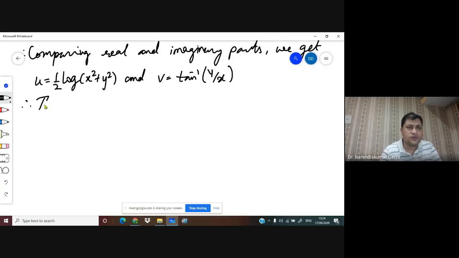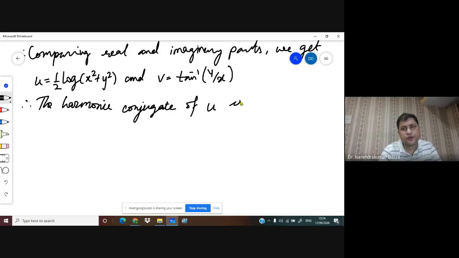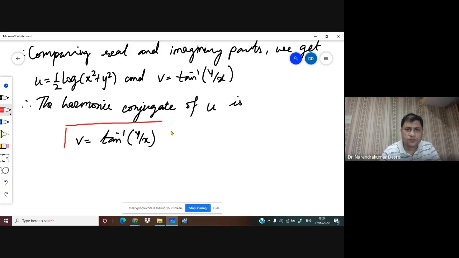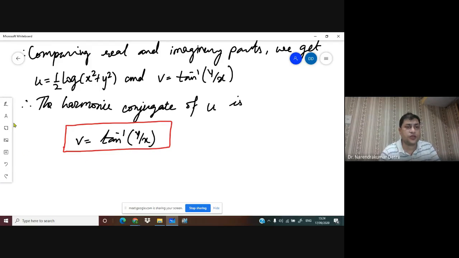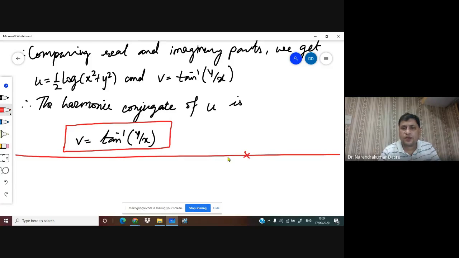Hence we say the harmonic conjugate of u is tan inverse of y by x. This way we are able to get the harmonic conjugate of the given function.